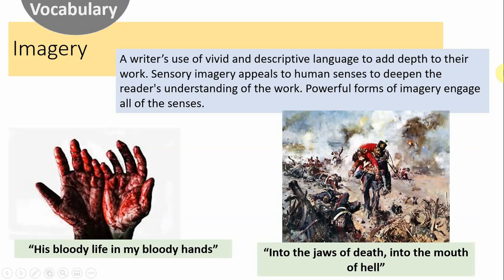In Charge of the Light Brigade, the line "into the jaws of death, into the mouth of hell" creates the powerful image of the soldiers going to their deaths, the idea of them being swallowed up in hell, in flames, in smoke. And these create rich, deep connections for the reader to better understand what the poet's trying to communicate to us. So that technical term, imagery, is important.